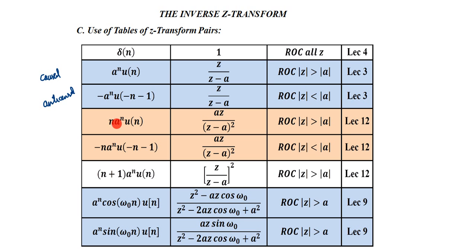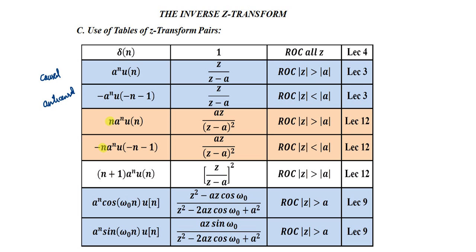Another one is very important, the same signal in a slightly modified version. You can compare these two questions: one is causal and the other anti-causal. Here also you are given the causal and anti-causal signal simply multiplied by n.